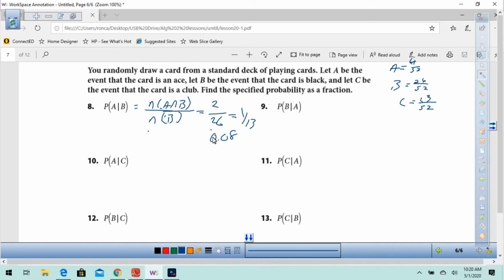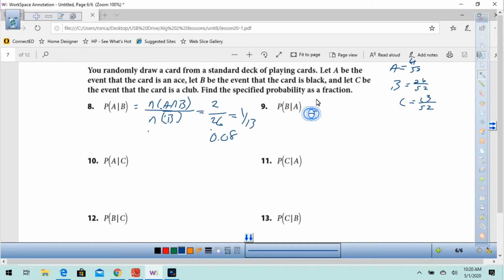The probability that it is a black card, given that it is an ace.